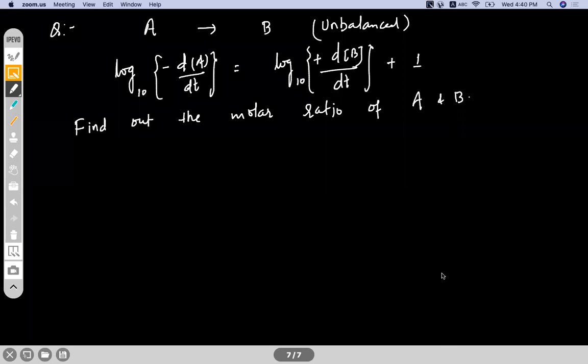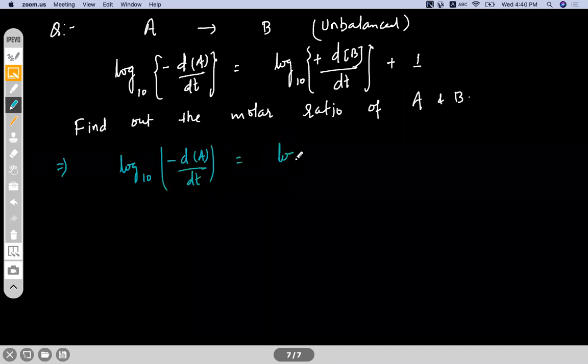Yes, 10:1. Simple mathematics you have to use. 10A gives B. So we can write this as log base 10 of minus dA by dt is equal to log base 10 of plus dB by dt, and 1 we can write as log 10.